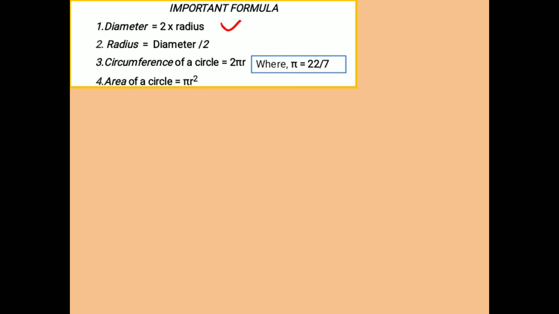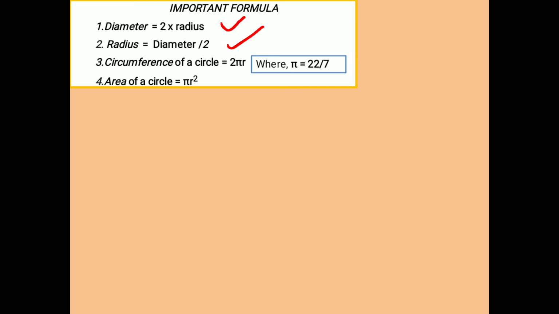Hence, diameter has the formula: diameter is equal to 2 times the length of the radius. If diameter is double, that simply means radius is half of the diameter. So mathematically, the formula for radius can be written as radius is equal to diameter divided by 2, that is half of the diameter.